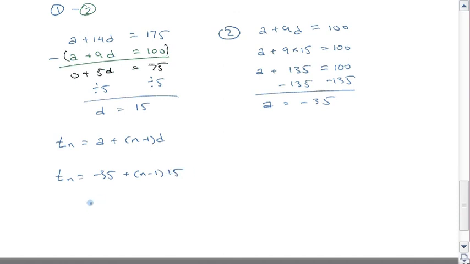So again, we can simplify this by multiplying everything in the brackets by 15. So this is negative 35 plus 15n minus 15. We can combine like terms. Negative 35 minus 15 is negative 50, and 15n is 15n. So I'm going to write this as 15n minus 50, and that was our equation for Tn.